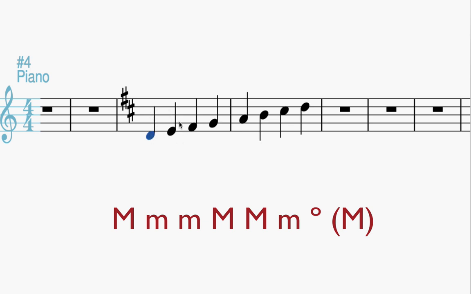Our second one's going to be a minor chord. Our third one is going to be a minor chord. Fourth one's going to be a major chord. Fifth one is going to be a major chord. Sixth one is going to be a minor chord. Seventh one is going to be that weird diminished chord. And then back to the tonic, which is going to be a major chord. So that's the diatonic chord progression.